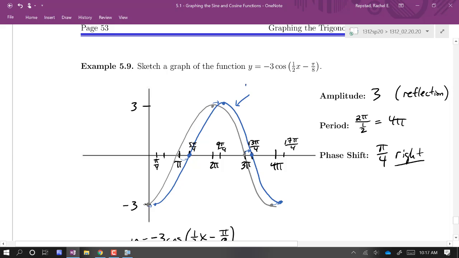And there's -3 cosine 1/2 x minus pi over 8.